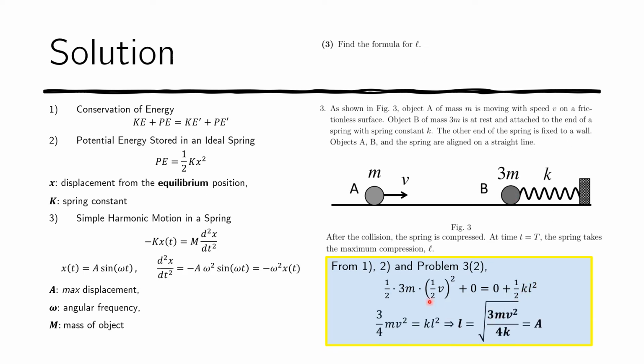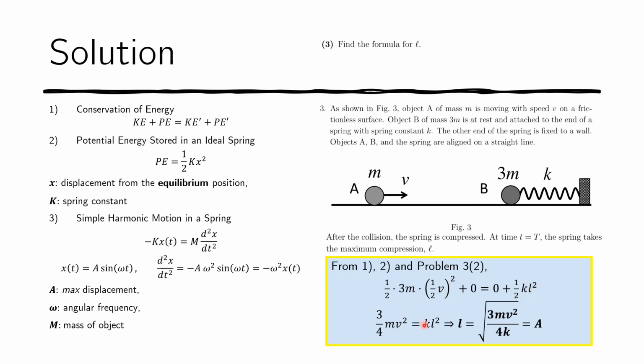And now we just solve this equation for L. For example, we can cancel the 1/2 here, the 1/2 here. This 1/2, we have a square term here, so that becomes 1/4 times 3. That's why we have 3/4. And then the m remains, and then this v is squared, so v squared.